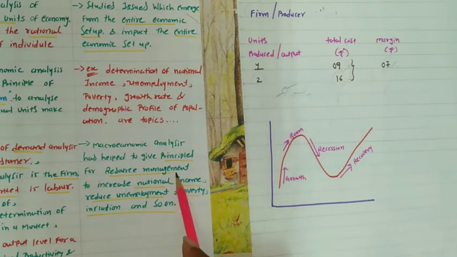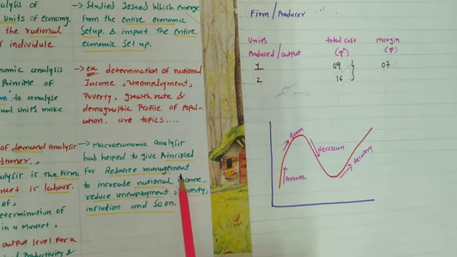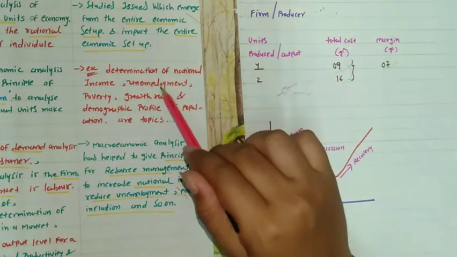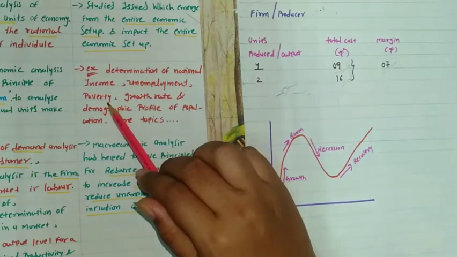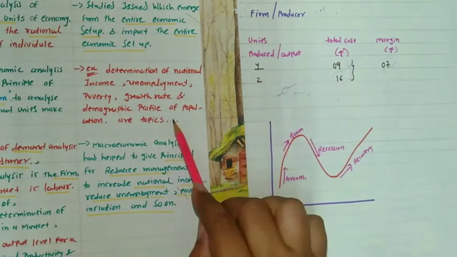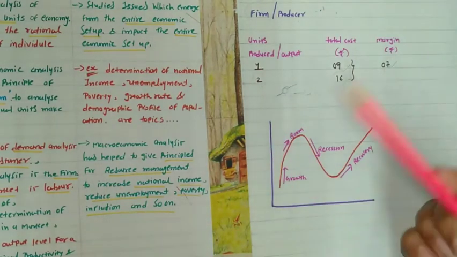We all know that resources are limited. So due to macroeconomic analysis, we can use resources with management to increase national income and reduce unemployment, poverty, inflation, and so on.